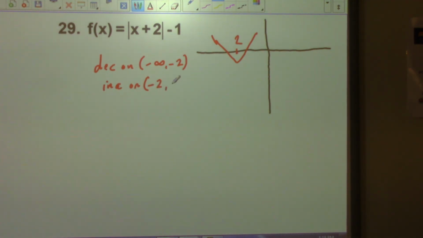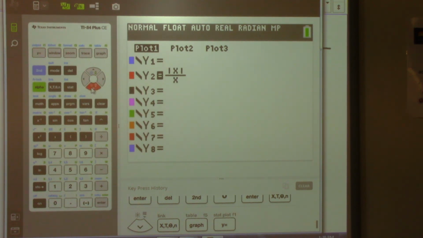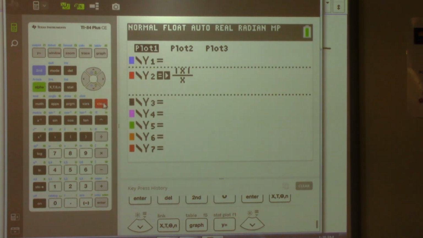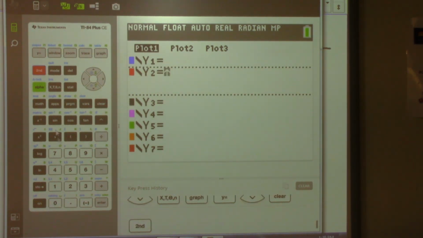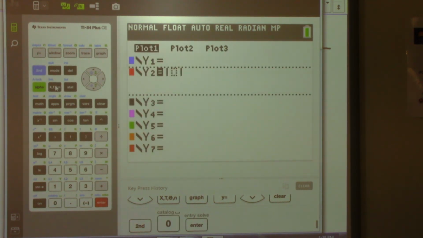Isn't it supposed to be the other way? Then in the calculator, let's look at this. Always helps to look at the calculator, right? So we go to absolute value. We'll put x plus 2 right here, right?